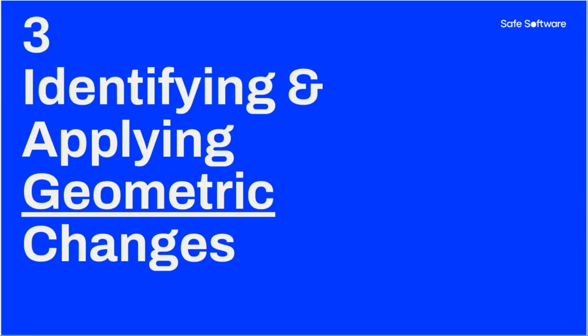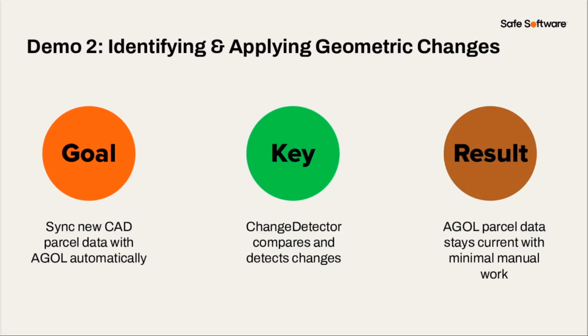So now we have talked all about attributes. Let's go over how to identify and apply geometric changes. The goal of the next demo is to detect and apply updates from newly submitted subdivision parcels to the authoritative ArcGIS Online, or AGO, parcel layers, keeping the system of record accurate, current, and in sync with the latest CAD submission.